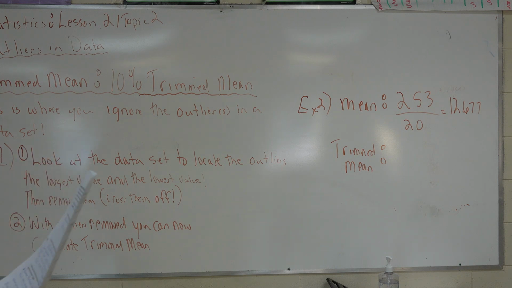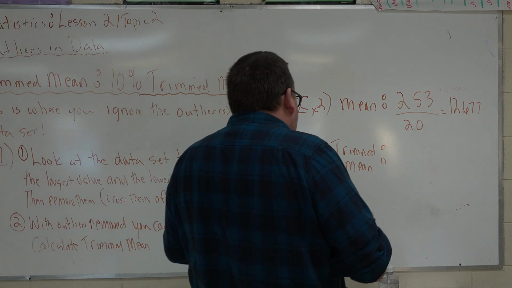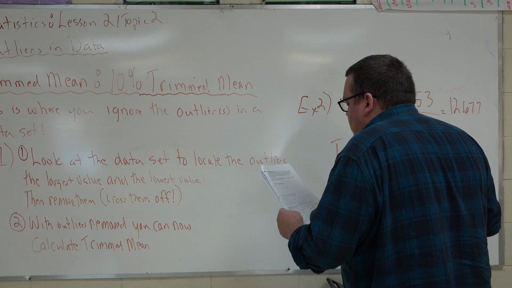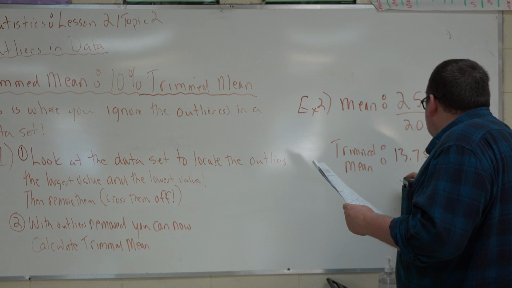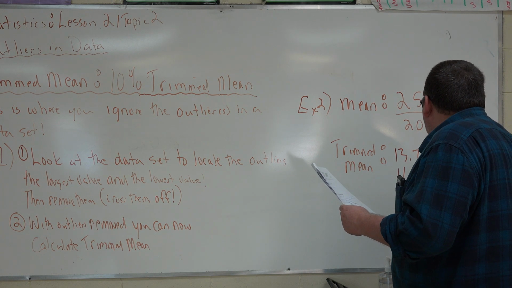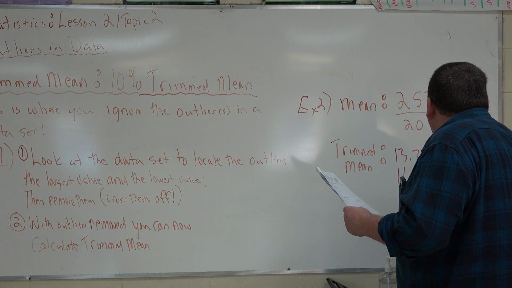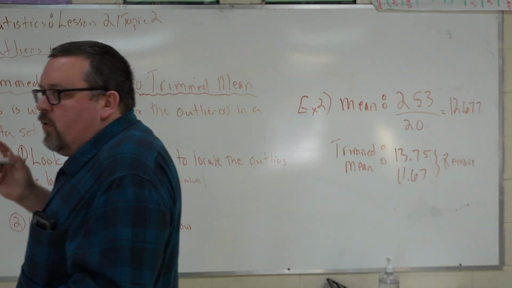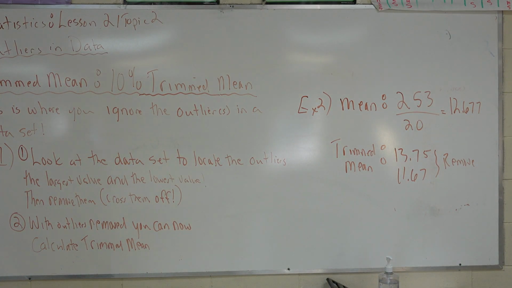In this case, there's going to be a 13.75 and an 11.67. You remove them from your data set. You don't want to see them. So if you want to cross them off, you can cross them off, and then you have your data that's going to be working for you.